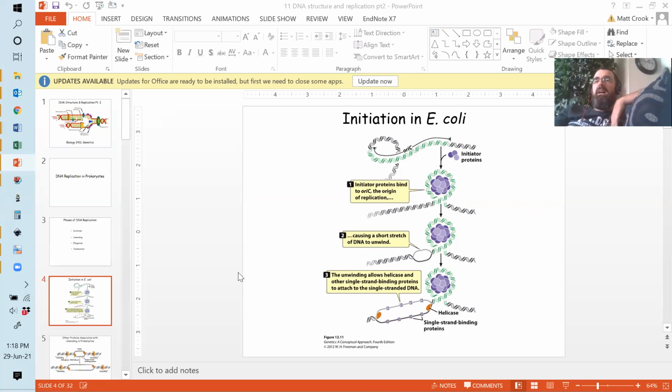But in E. coli, we have this origin of replication, and just downstream of it, we have an AT-rich stretch of DNA. Essentially, these initiator proteins recognize this origin of replication, and what they do is they actually coil it. They force it to kind of roll up.